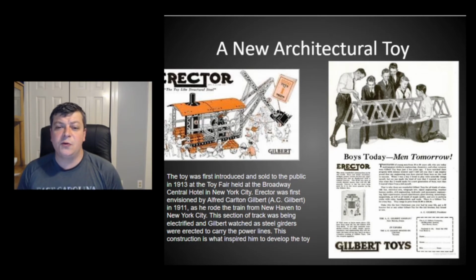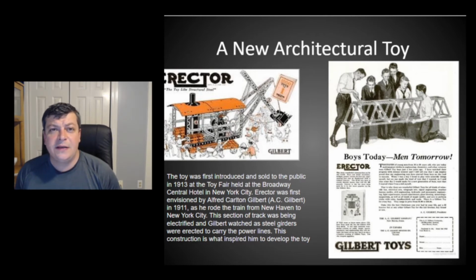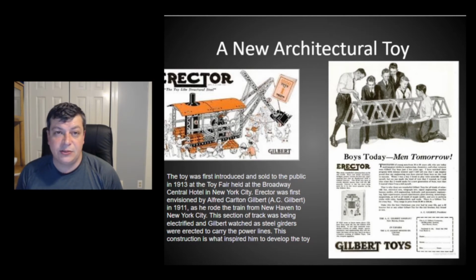And if we look at the toys of the time, the erector set was a toy that came about, and sometimes small things in life can tell us about the attitude and temperature of a society. The erector set was first introduced and sold to the public in 1913 at the toy fair held at the Broadway Central Hotel in New York City. Erector was first envisioned by Alfred Gilbert in 1911, and he was a commuter.